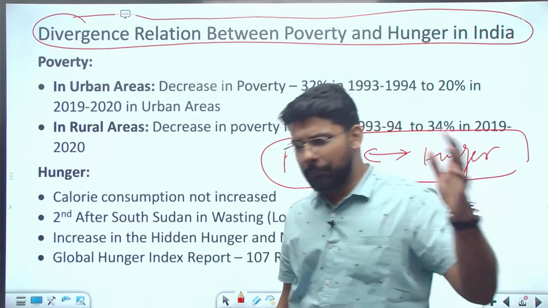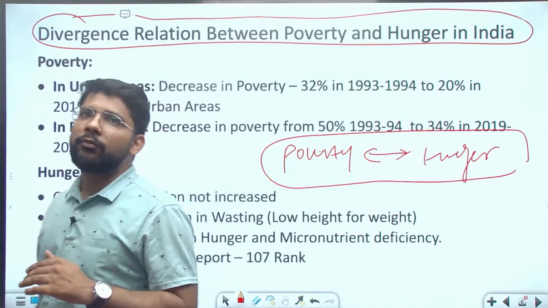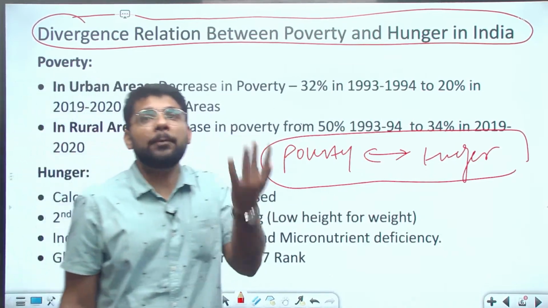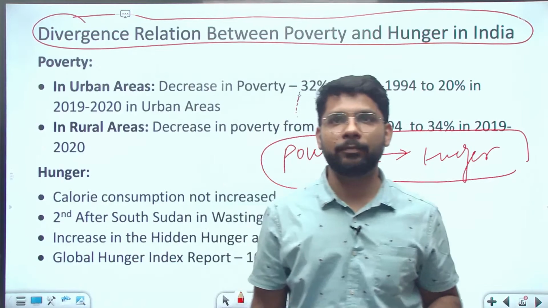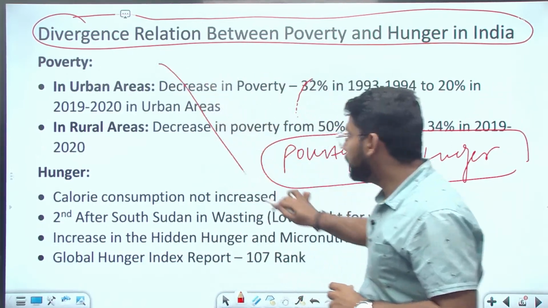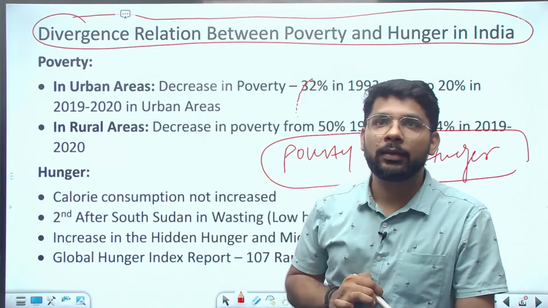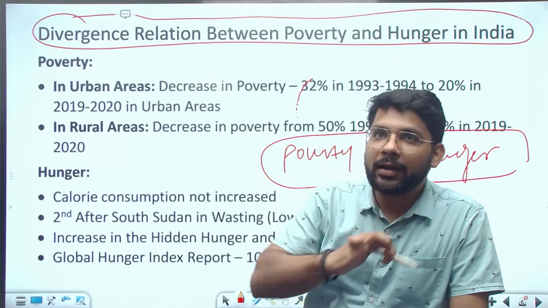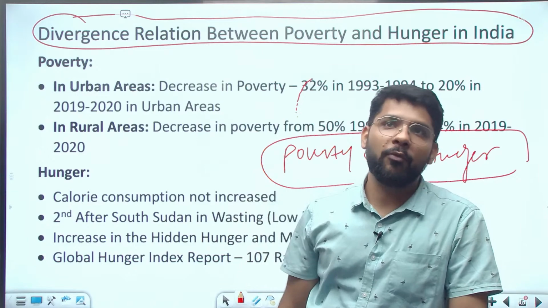And the same thing happened in the rural area, where poverty decreased from 50% to 34%. So in India, poverty is showing a declining trend, but hunger is showing an upward trend.